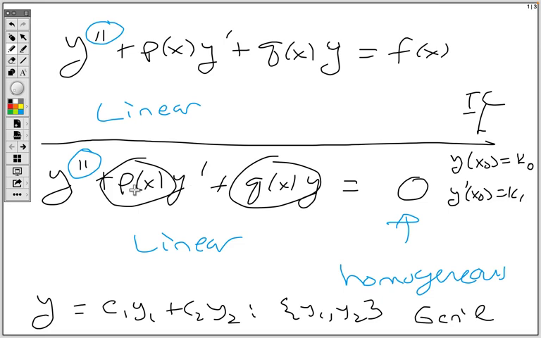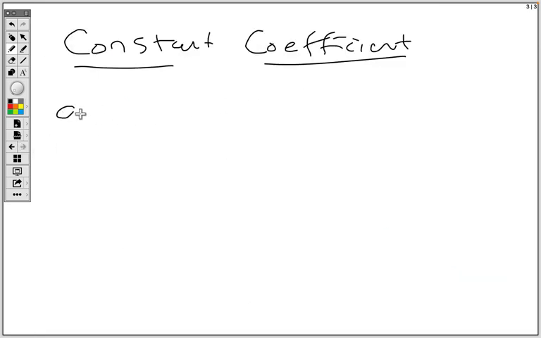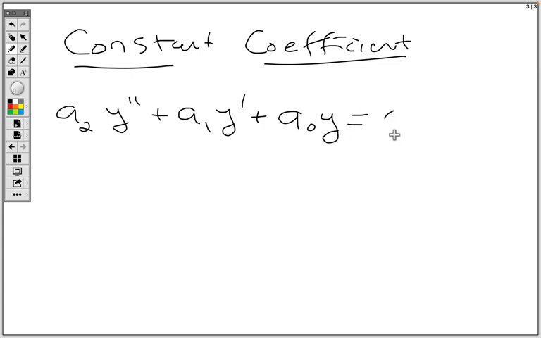If you think of these as coefficient functions, a constant coefficient differential equation is going to look like a2 y double prime plus a1 y prime plus a naught y equals 0, where a naught, a1, a2 are real numbers.